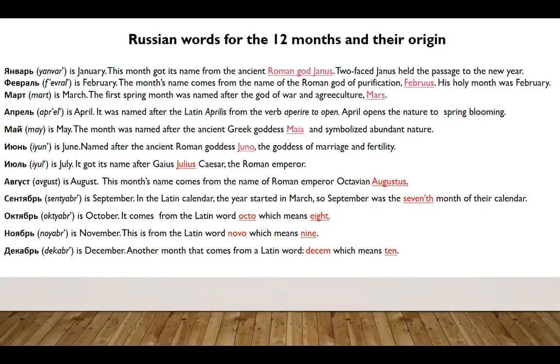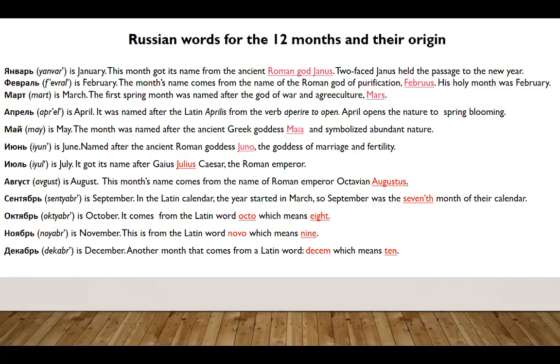So the month of April opens the nature to spring blooming. May is Mai, very, very similar. Mai in Russian, May in English. This month was named after the Greek goddess Maya and symbolized abundant nature.